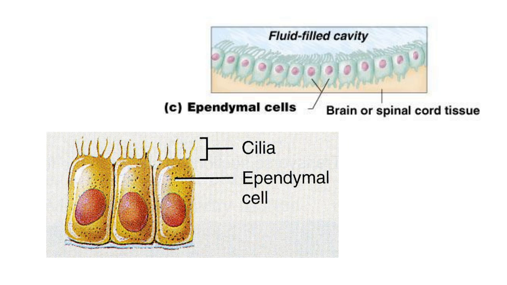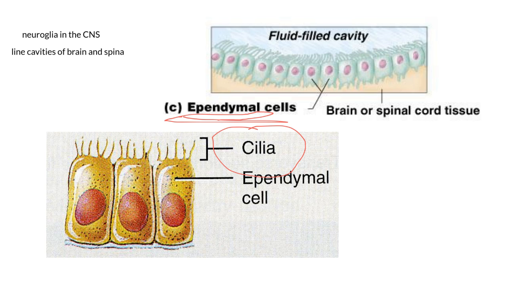So we have two more in the central nervous system. Okay, our next neuroglia in the central nervous system are these ependymal cells. Here's your spelling right here. These ependymal cells, if you'll notice, they have cilia on them. And so the importance of them having cilia on them is that they impact what we call our cerebral spinal fluid. So you're going to find these cells lining the cavities of the brain and the spinal cord.